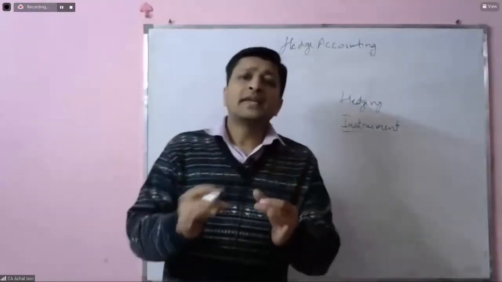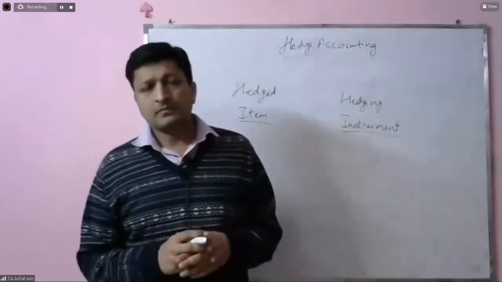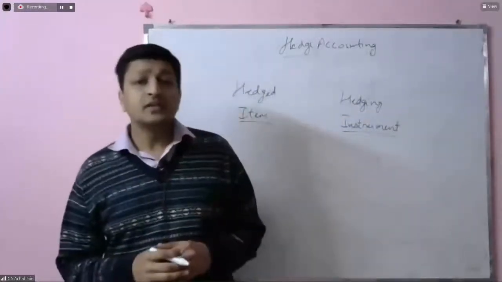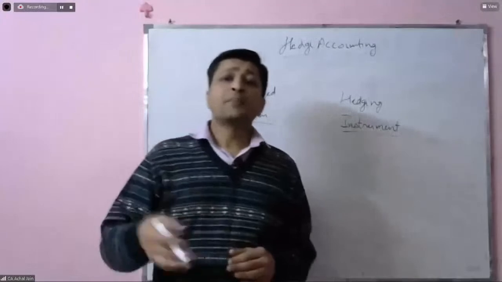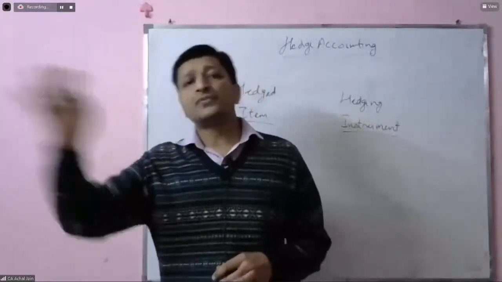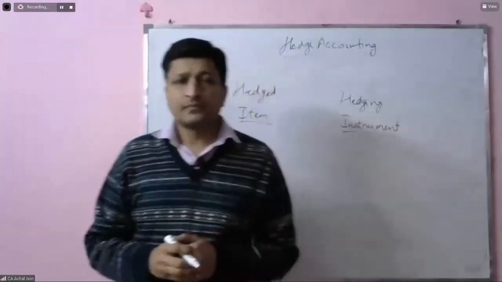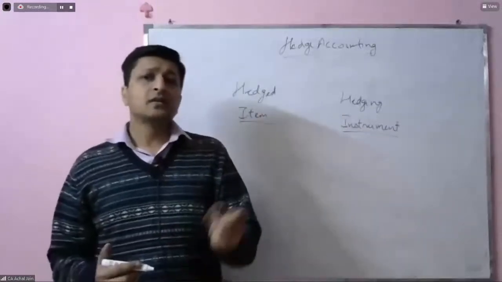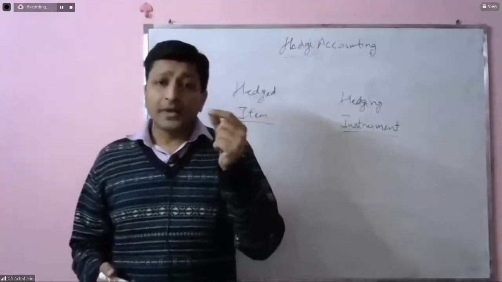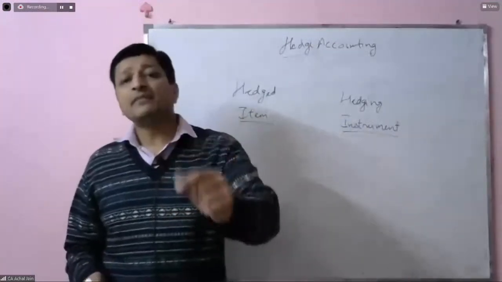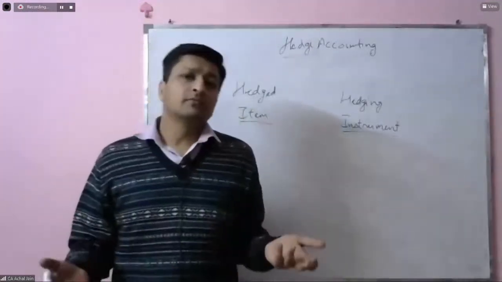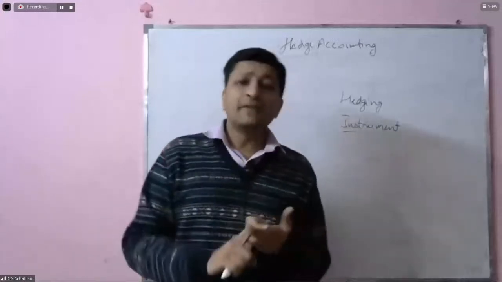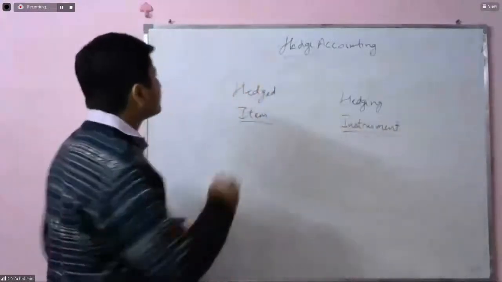If we are making purchases which are in foreign currency and for which payment is required to be made, say, after 3 months. Now, because the payment will be made after 3 months, the rate at which the payment will be made, we don't know. Why? Because the payment will be made in foreign currency.